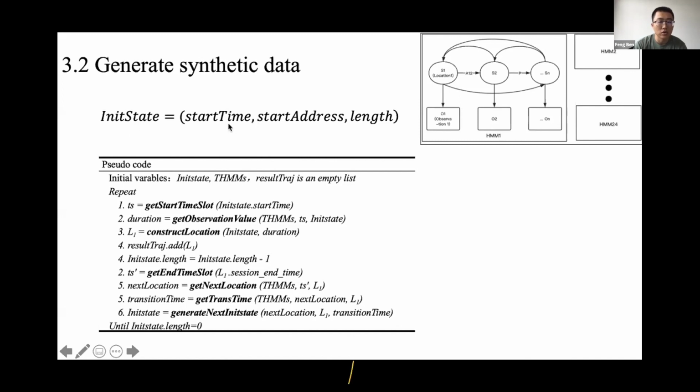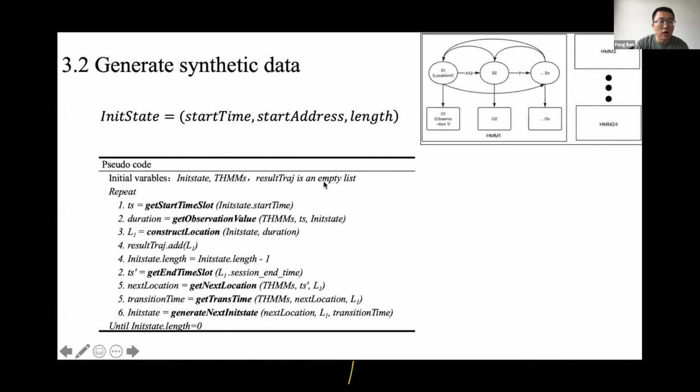It includes 3 attributes: start time and start address indicate where and when a device starts to connect to the Wi-Fi. And since THMM cannot determine when the generation process ends, we need a length in the initial state to indicate the number of locations that the device appears in a day.